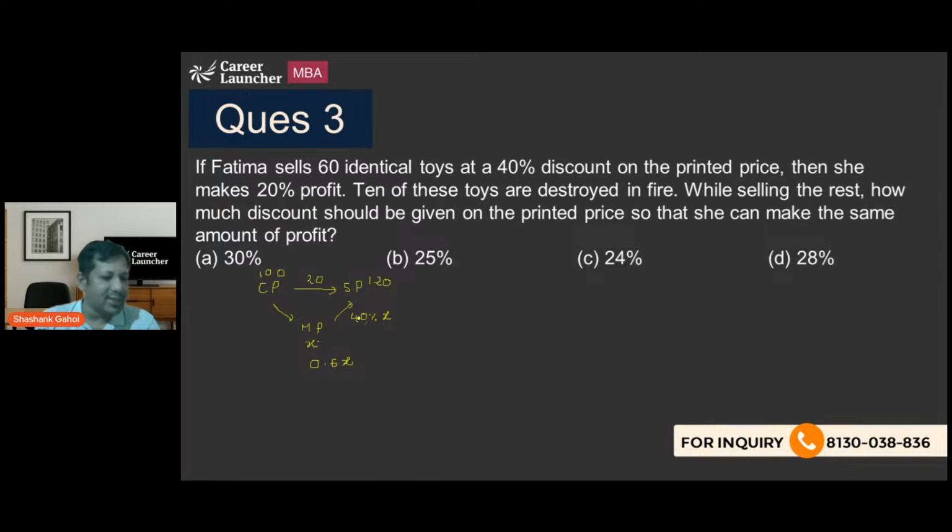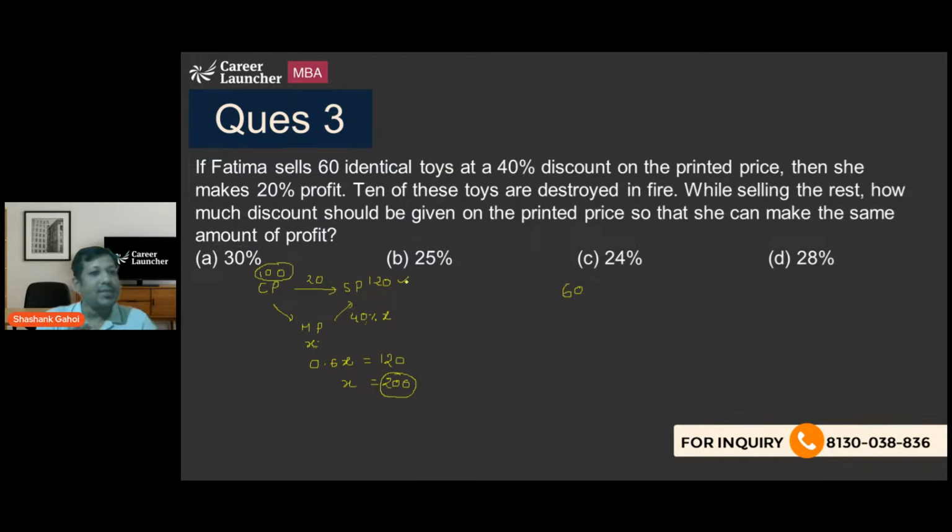Mark price minus discount is equal to selling price, and that becomes 120. So x comes out to be 200. 120 upon 0.6 will give us 200. She bought 60 toys. So her cost price per toy is 100. Printed price per toy is 200 and she is selling at 120.